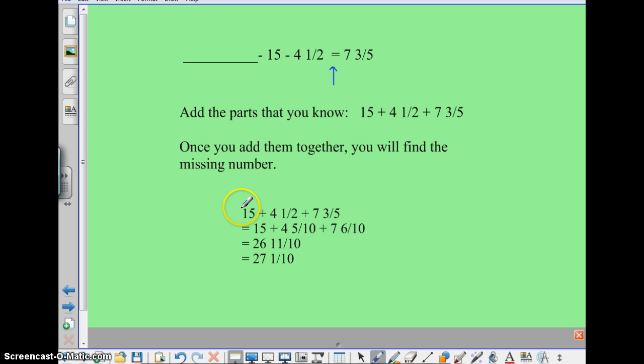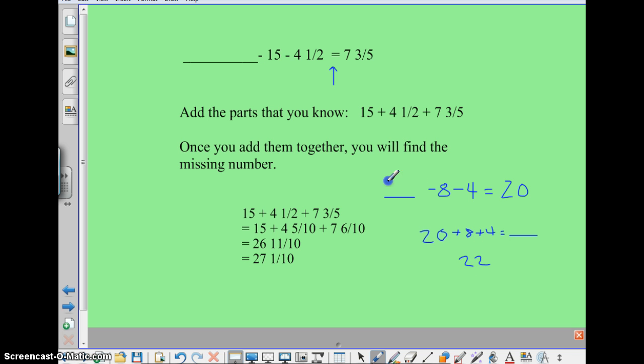So I did the work for you here, and in order to show you how it makes sense, say again, I was a little kid and I had blank minus 8 minus 4 equals 20. Okay, so how would I figure this out? Well, I would do 20 plus 8 plus 4 equals something, and then add that together. 20 plus 8 is 28 plus 4 is 32.